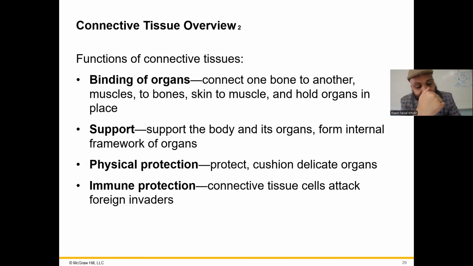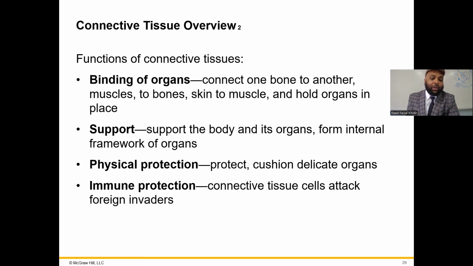The connective tissue is also important for support because it supports the body and its organs, and they form the internal framework of the organs. The connective tissue is also important for physical protection. It protects, it cushions delicate organs.